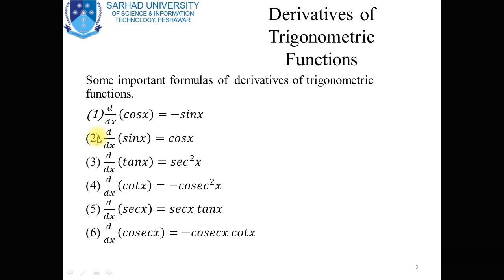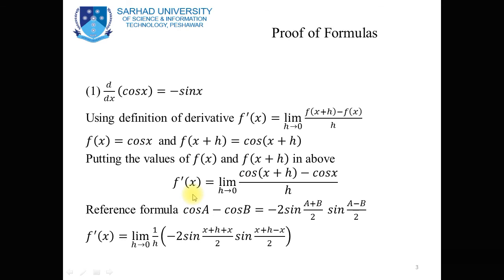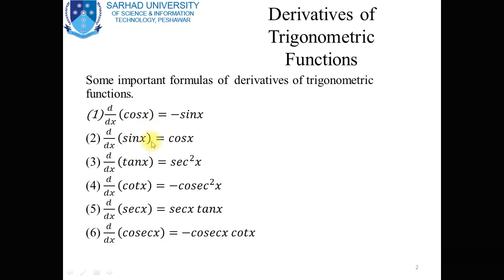So you all try your best to prove that the derivative of sine theta is equal to cos theta, the derivative of cotangent theta is equal to minus cosecant square theta, and the derivative of cosecant theta with respect to theta is equal to minus cosecant theta cotangent theta. So this is the home task for you: how to prove formula number 2, formula number 4 and formula number 6. And you see over here we have discussed some problems by using these formulas.